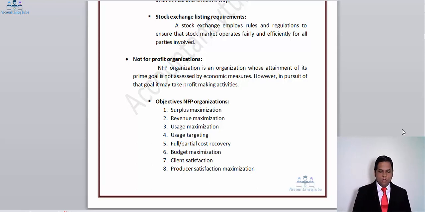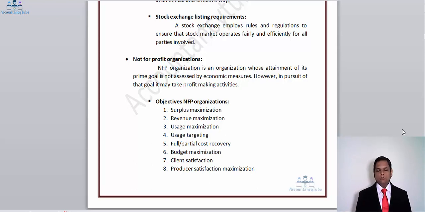After that, we have the objectives of not-for-profit organizations. Their main purpose is surplus maximization. Obviously, the more donations, the more aggressively they can pursue their social objectives. After that, we have revenue maximization. Whether non-profit or profit making, revenue maximization is one of the main objectives.